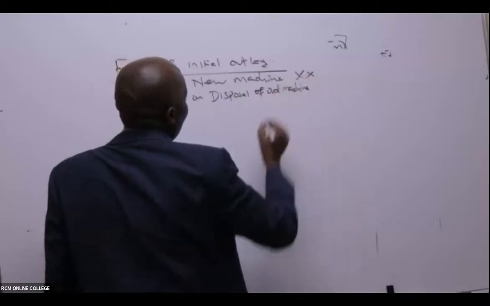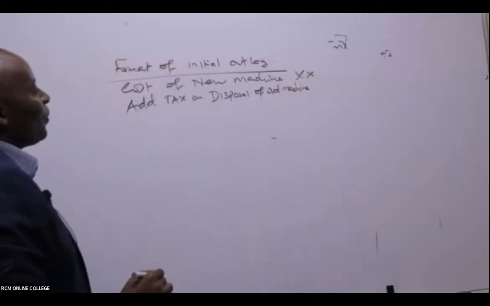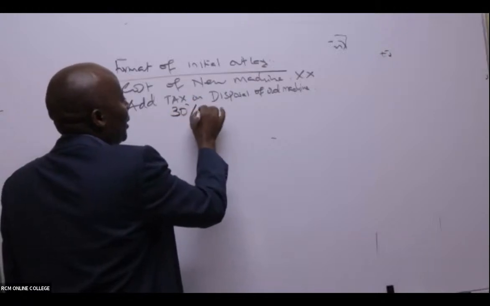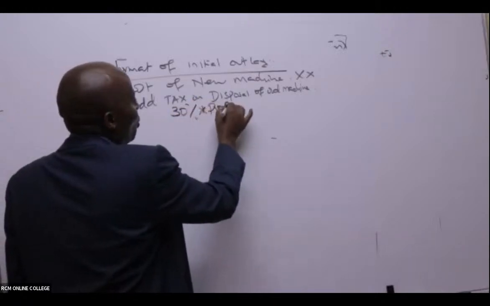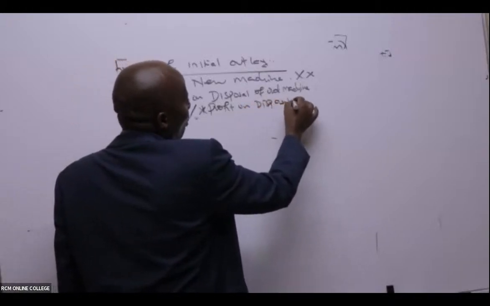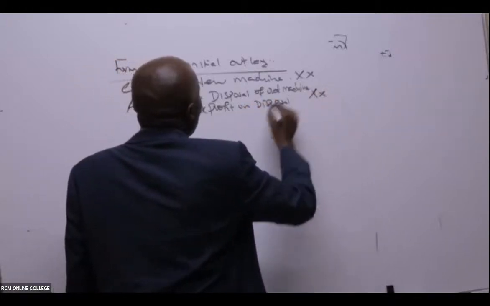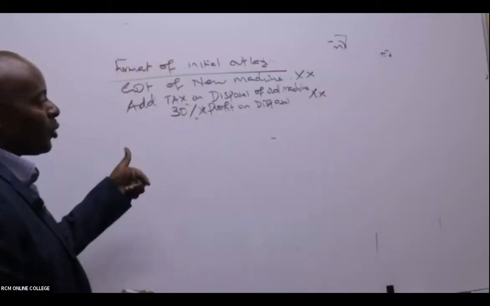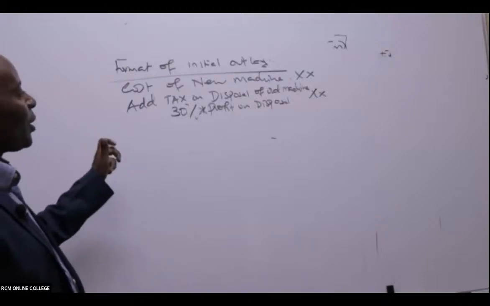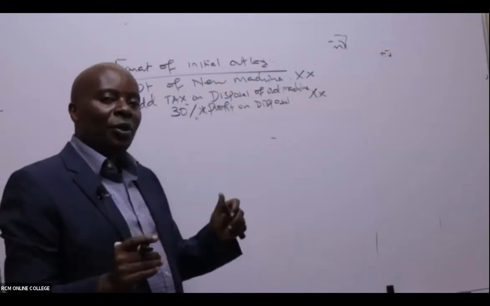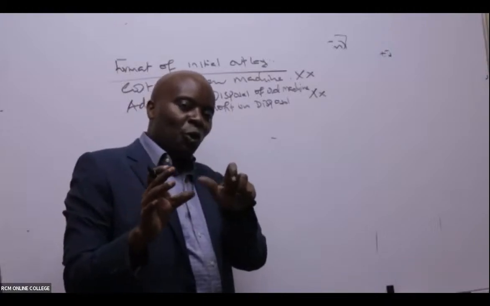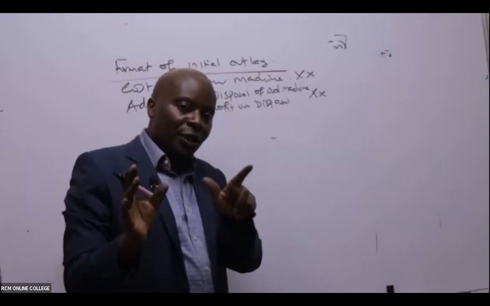Basically, we take the rate of tax, which perhaps would be 30%, times the profit on disposal of the old machine. You add. Of course, if it's a loss, you subtract. But in most cases it will be a gain. If it's a gain, you'll be told, hey, you sold the old machine, give us something.